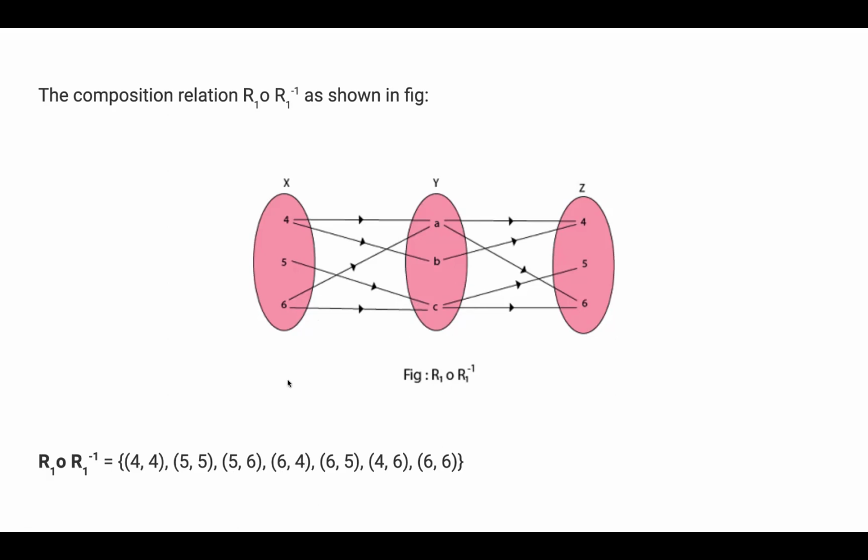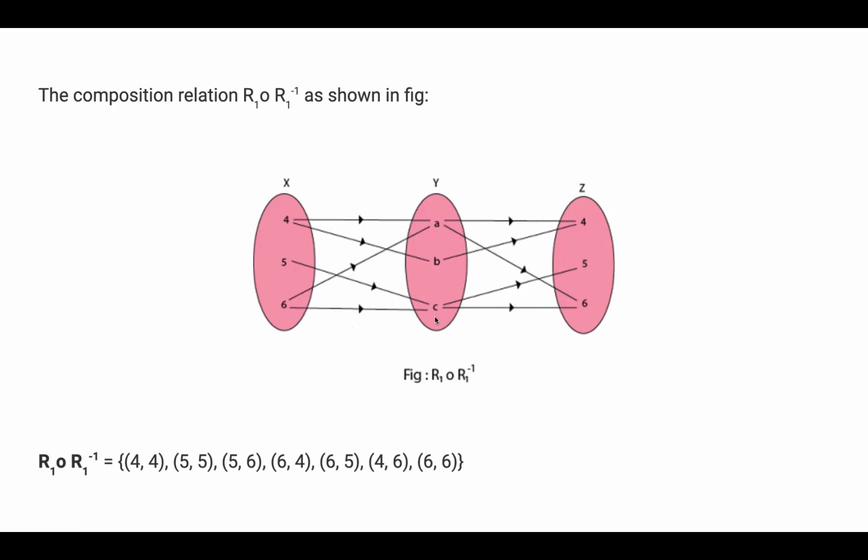Now what about this? 6 to 4. 6 to A is there and A to 4 is there. So 6, 4 will be the next relation. Then 6 to A and A to 6 is there. So 6, 6 will be the relation.